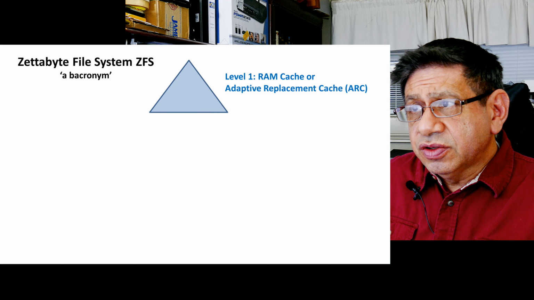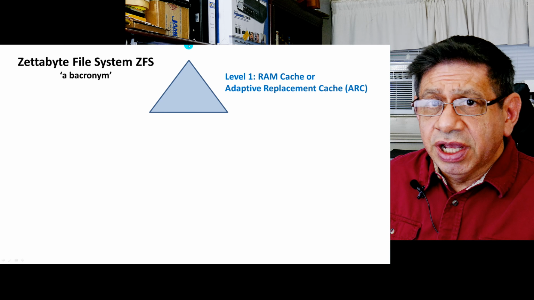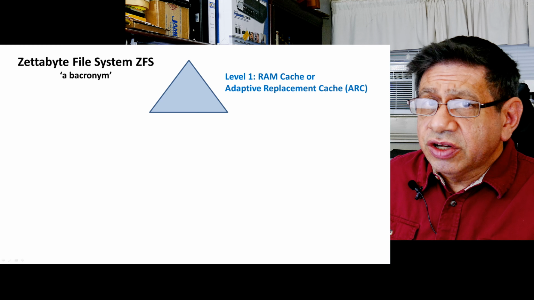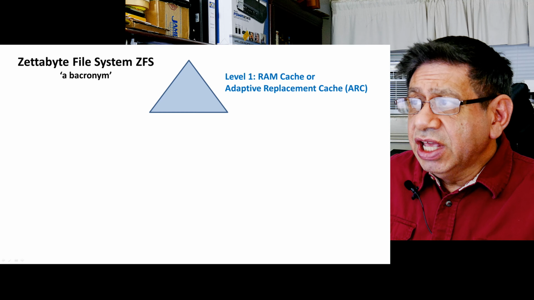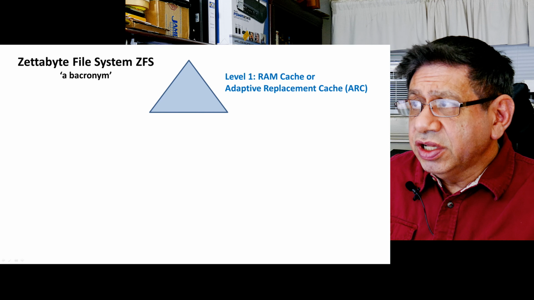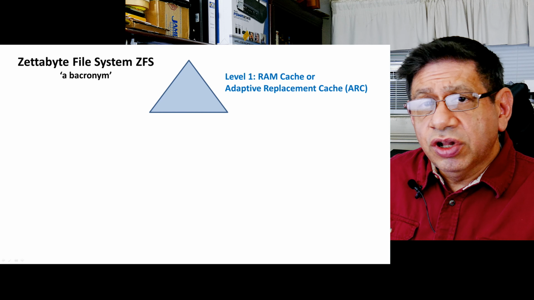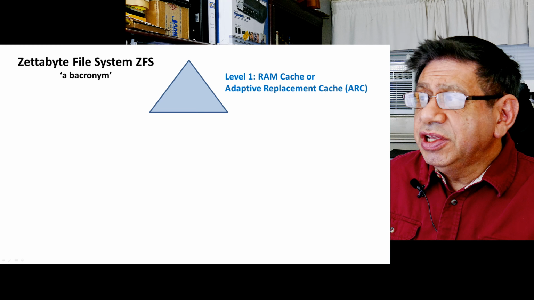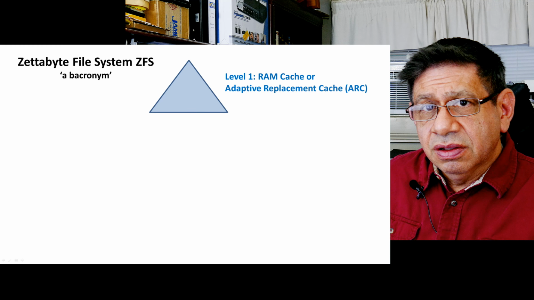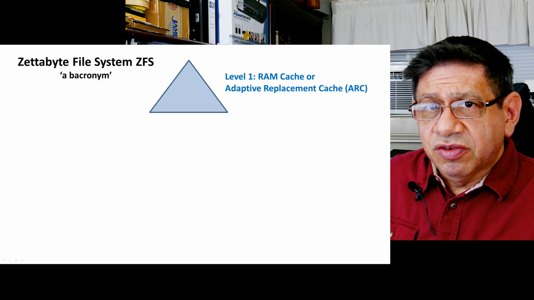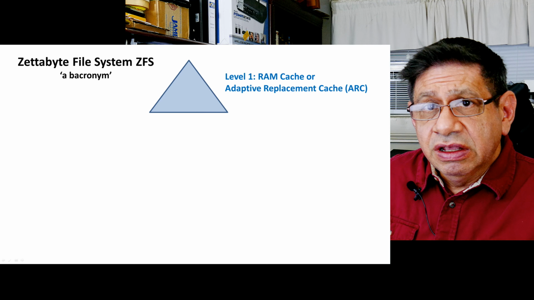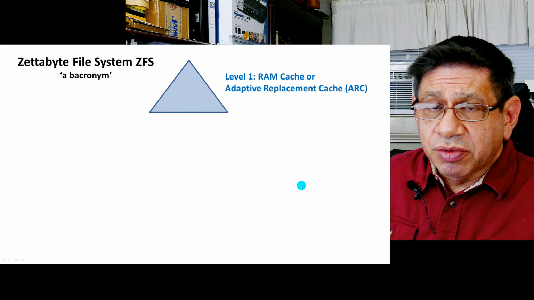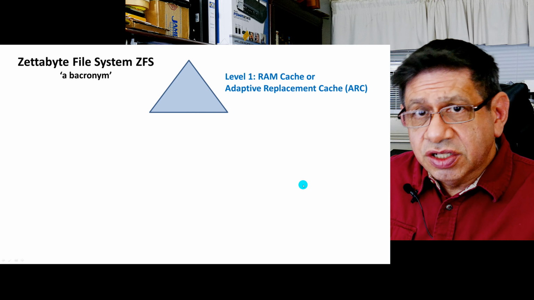This particular server that I have has 16 gigabyte, but if it had 32, it would actually use it, or anything in between, 24, whatever amount of memory I have. It uses that as a level 1 cache, also called the ARC, or Adaptive Replacement Cache. It constantly adjusts itself appropriately and is a smarter type of cache than even the cache you would have in a microprocessor chip. At least the traditional ones.